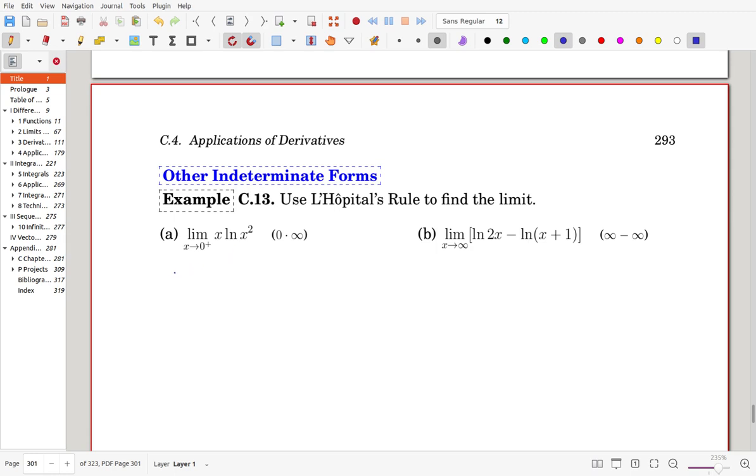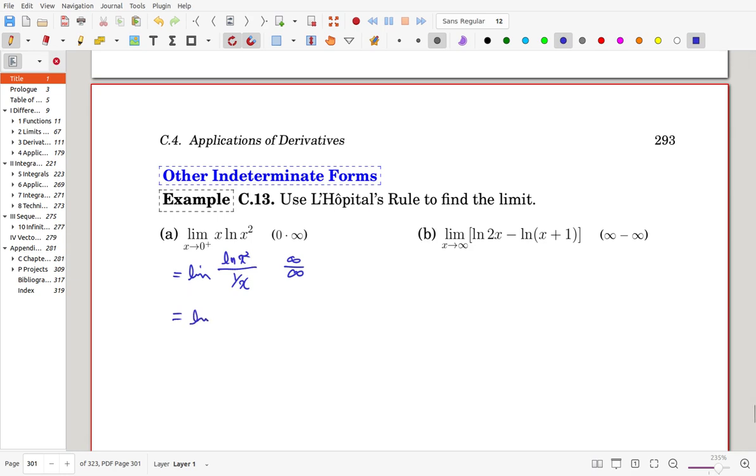But this can be written as the natural logarithm of x squared divided by 1 over x. Then now it goes to infinity and again goes to infinity, so that is an infinity over infinity shape. So now we can use L'Hopital's rule.